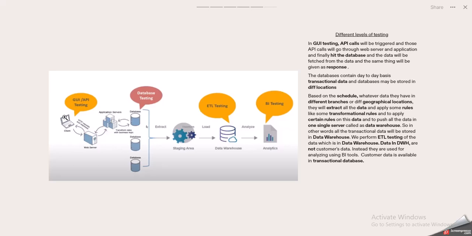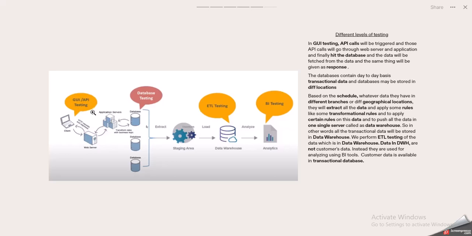What happens? The client, basically the application or the system, sends some requests to the server, then the server responds. So this comes under API testing, where we cover which APIs are actually sending the request and getting the response from the server.